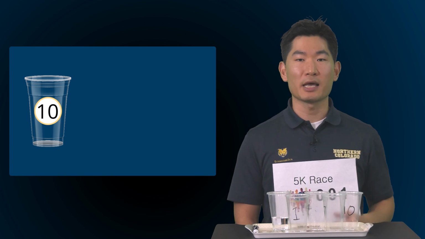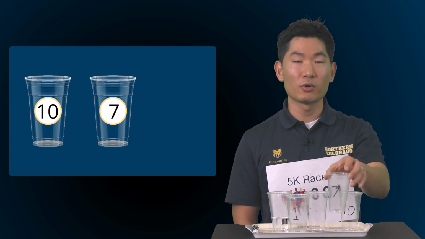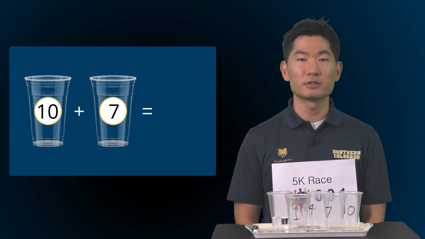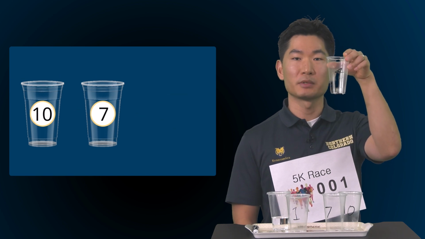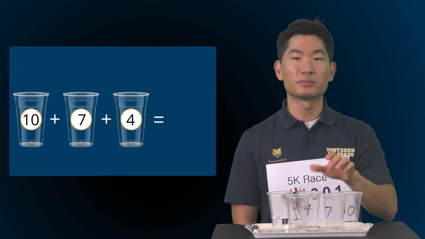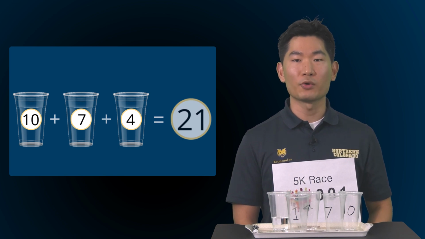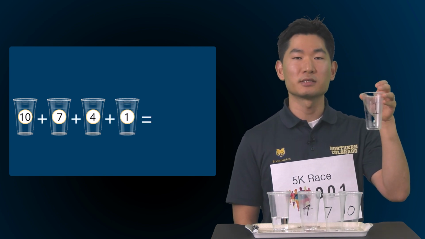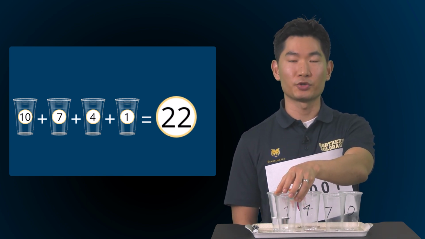As I had the second cup of water, the utility level was 7. Therefore, the total utility from the first 2 cups will be 10 plus 7, which is 17. As I had one more cup of water, the total utility is now 10 plus 7 plus 4, which is 21. Then what would be the total utility from 4 cups of water, which is 10 plus 7 plus 4 plus 1, which becomes 22.